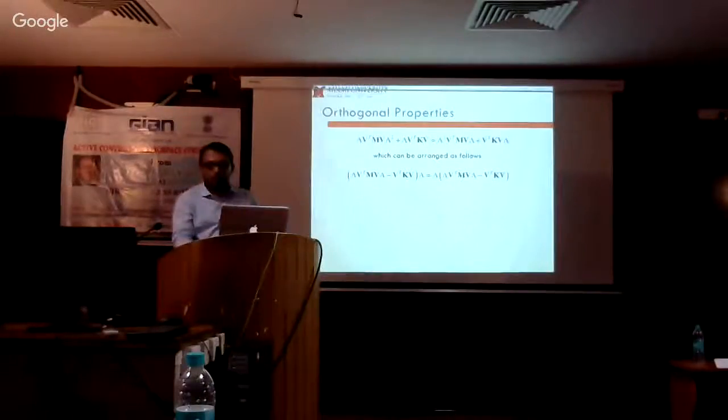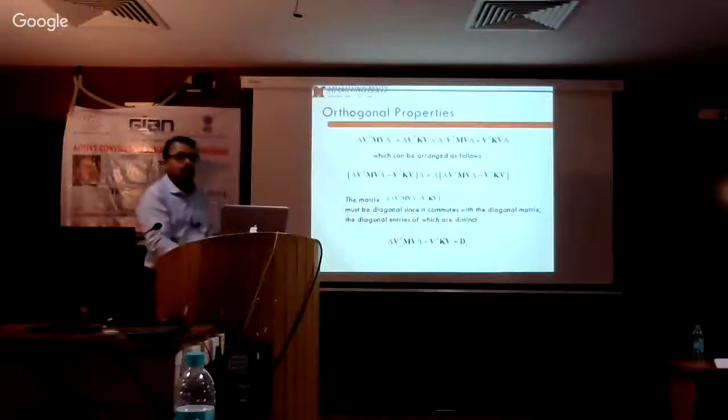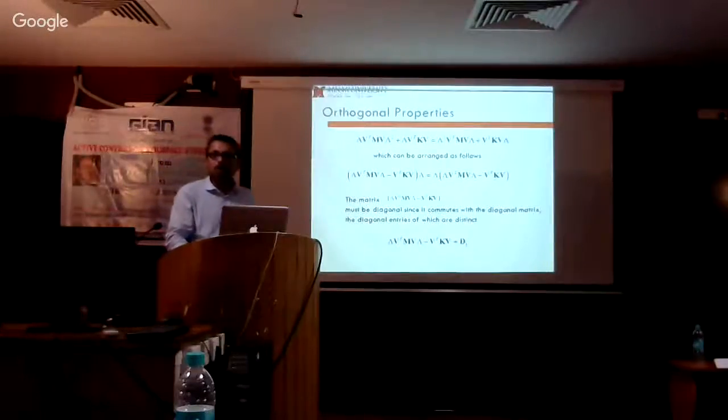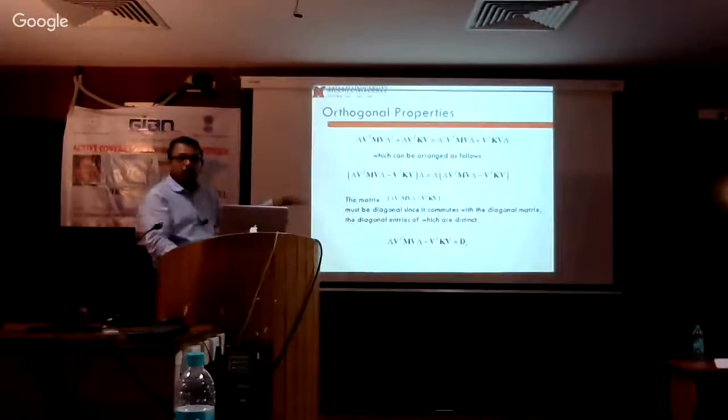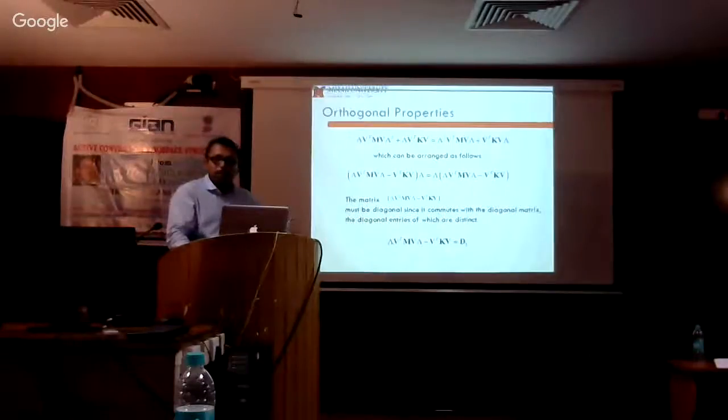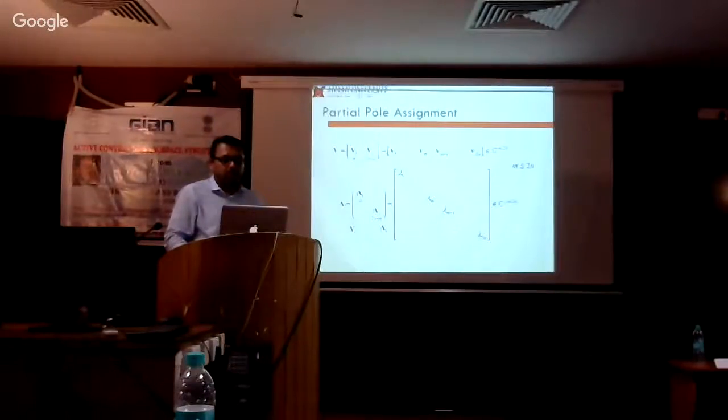So we find the orthogonality property of this quadratic decomposition. Similarly, if you find his book in the library, most probably you will have it, you can derive all the orthogonality properties. But this orthogonality property you will see becomes the basis for deriving the condition of the partial eigenvalue assignment problem.